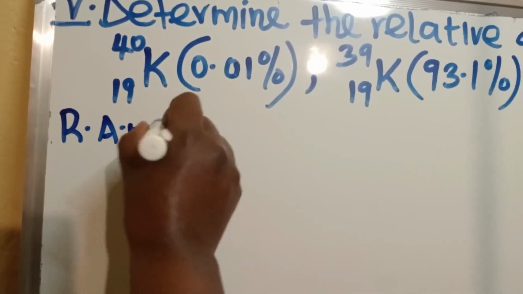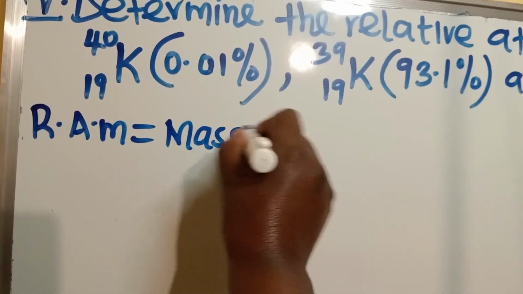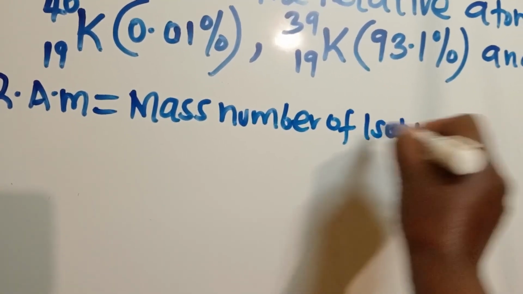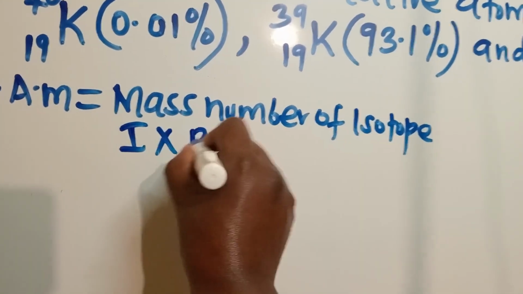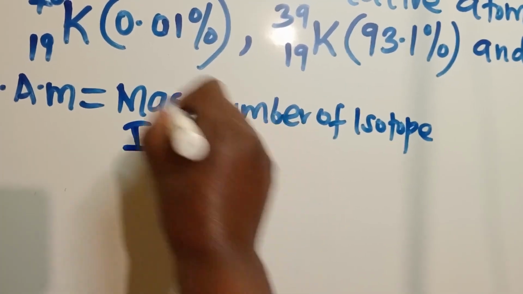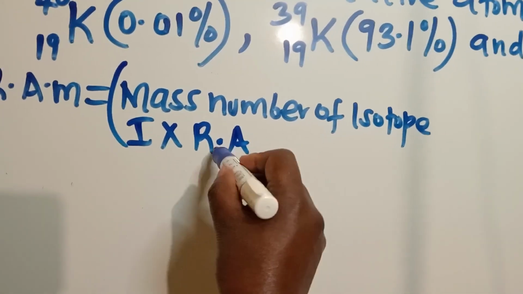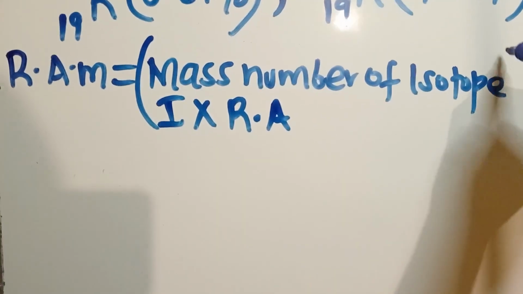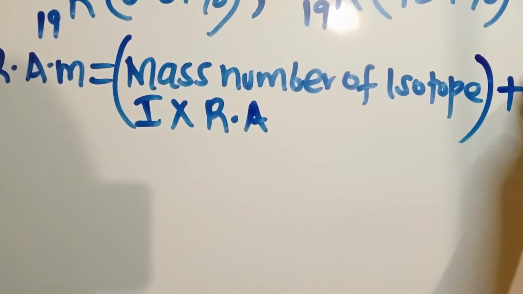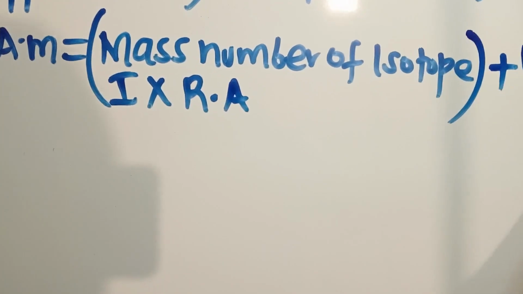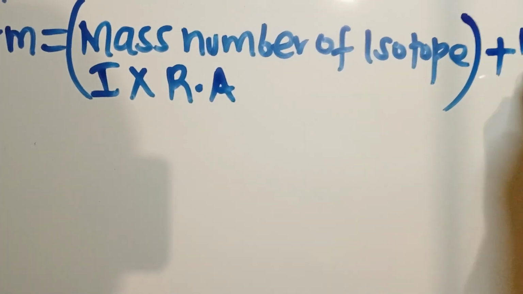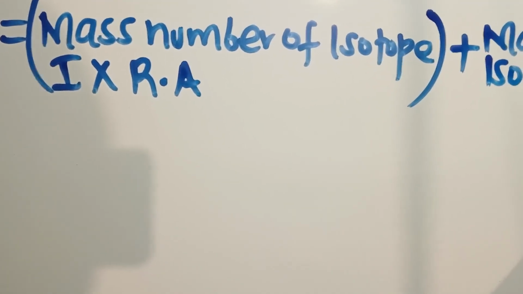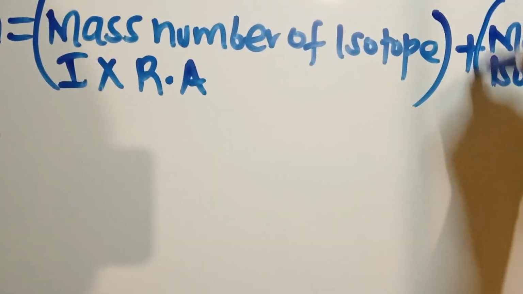Relative atomic mass is equals to mass number of isotope 1 multiplied by the relative abundance. By now you know that I'm shortening the word relative abundance, but make sure that for you, you write it in full, added to the mass number of isotope 2, multiplied by the relative abundance.